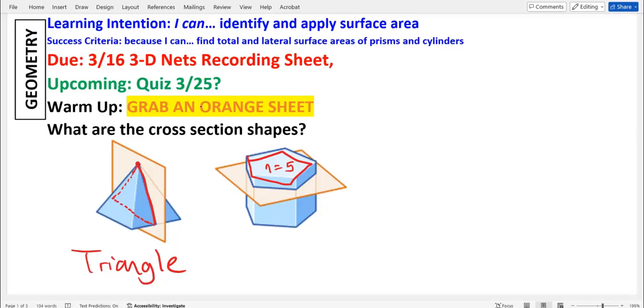Pentagon. All right, so if you cut parallel to the pentagon, guess what you get? Another pentagon. Check it out. 1, 2, 3, 4, 5. Pentagon. Make sure you have that written down.